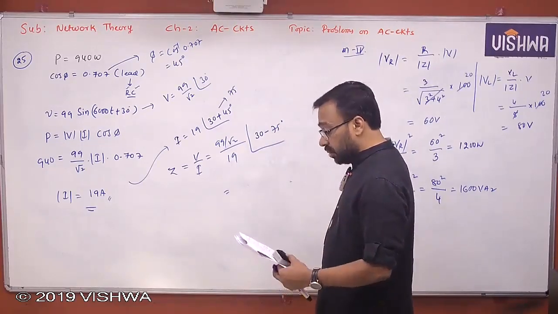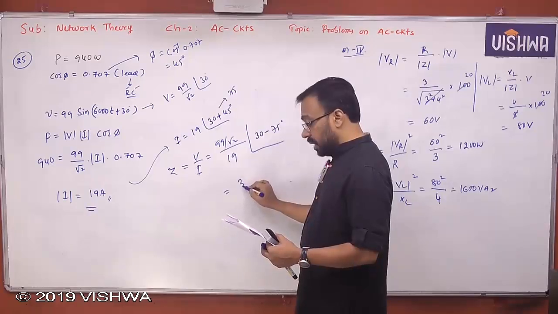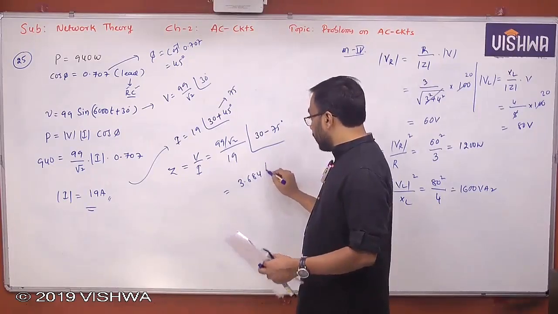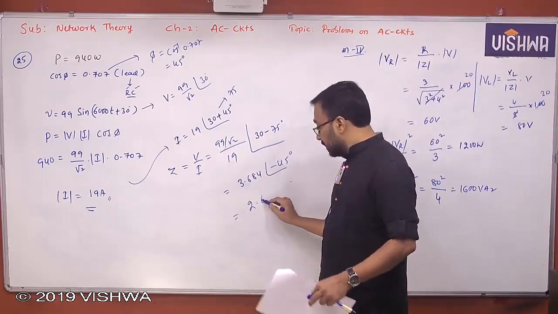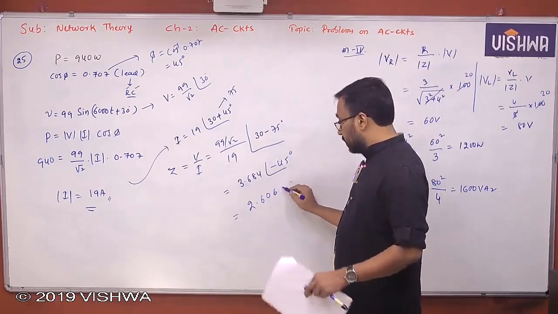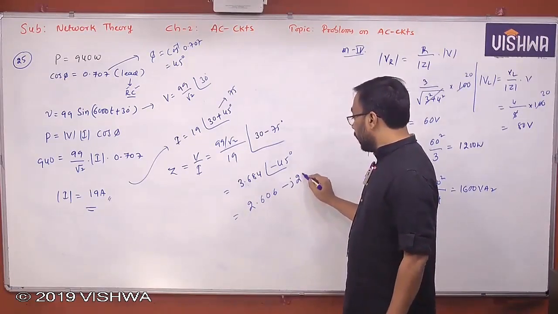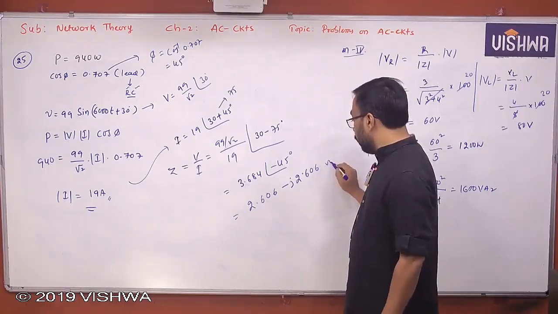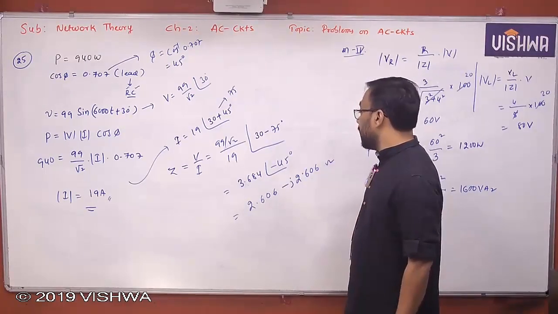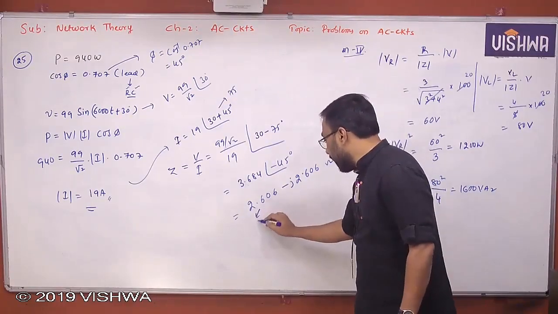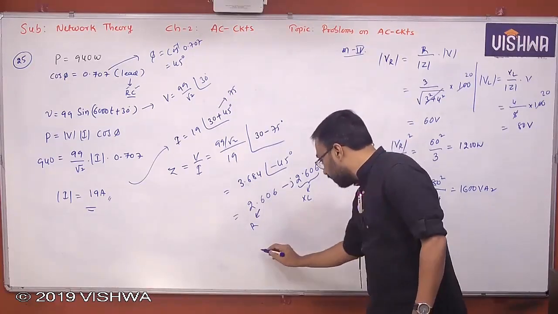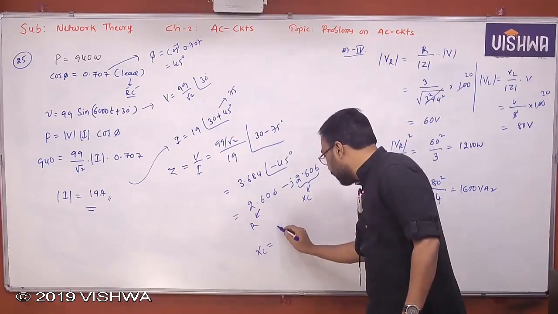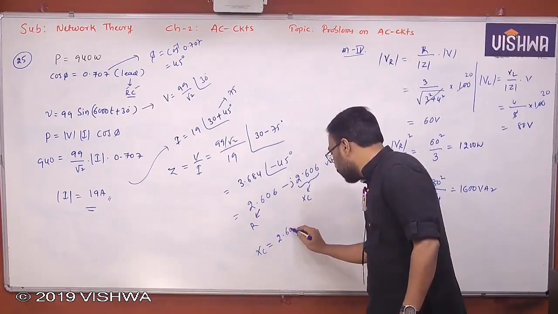So you get Z value 3.684 at an angle of minus 45. You will get 2.606 minus j 2.606 ohm, because at 45 degrees the real part and imaginary part are both the same. So this value is R and this value is XC.